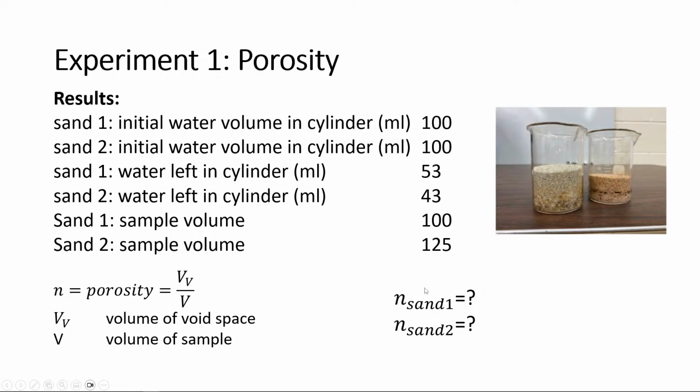So try to calculate the porosity of sand one, and then the porosity of sand two. The volume of the void space in that case would be the volume of the water. Okay, so pause the video, try to do it, and I will give you the answer. Okay.